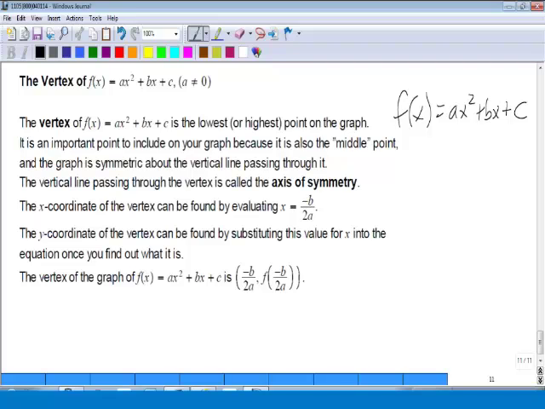Then you square that and add it and then subtract it, and, again, I'm going to spare you the details, but what you get is f of x equals a times x minus -b over 2a, quantity squared, plus a k value. And the k value, you could express in terms of a, b, and c.